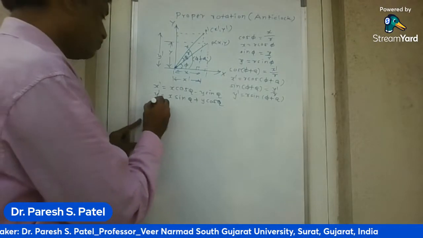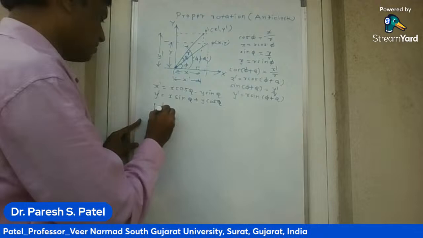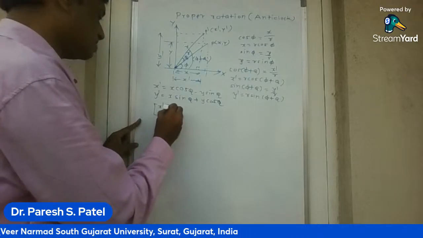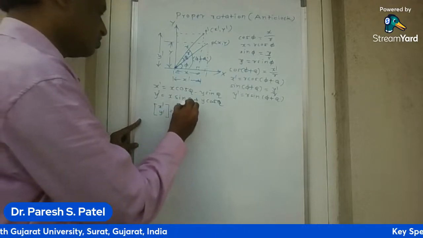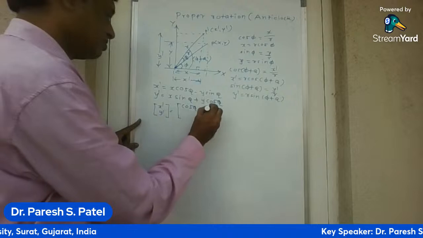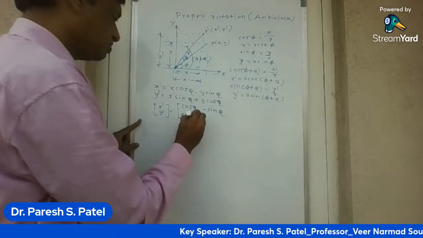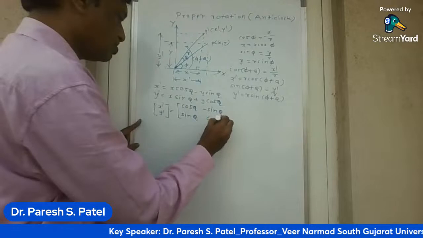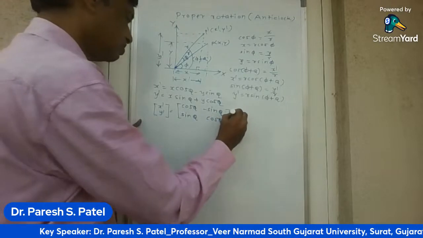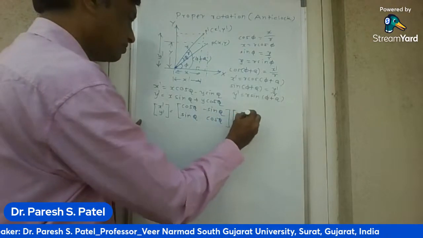So we can write it in the form of a matrix. This is a two-dimensional system. x dash, y dash is equal to the matrix cos theta, minus sin theta, sin theta, cos theta, times x and y.